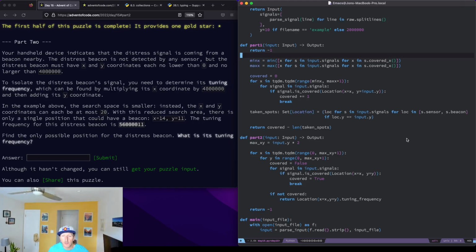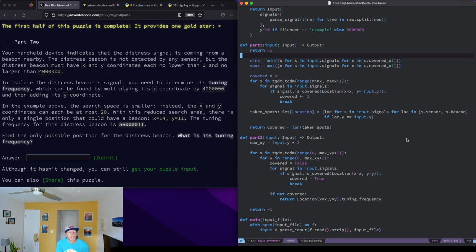So what we could do is create a 4 million by 4 million matrix that contains a map of all the coordinates, and we go through each signal and we map its diamond shape onto the matrix.